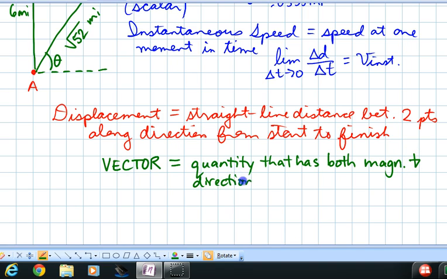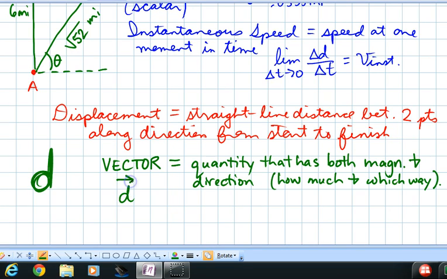So in other words, it has a how much and it has a which way. Now, in order to show that something is a vector, your book makes it a bold symbol. So they go D. Well, we can't really do that, so we write an arrow to show that it's a vector. So it's got direction as well.